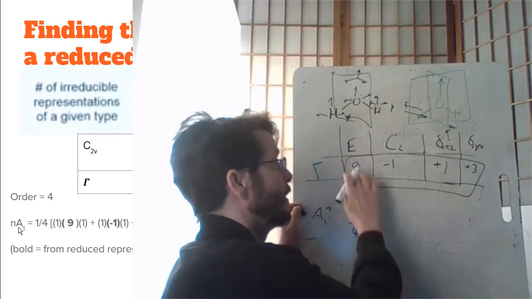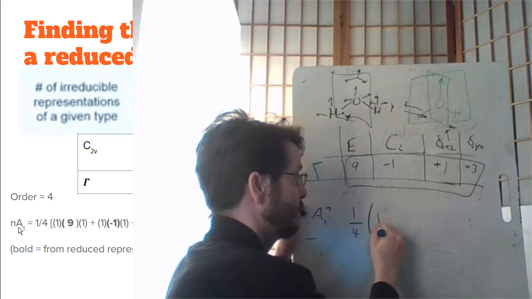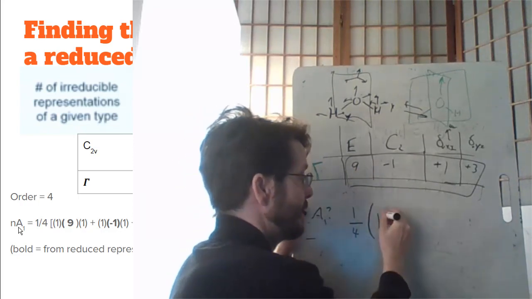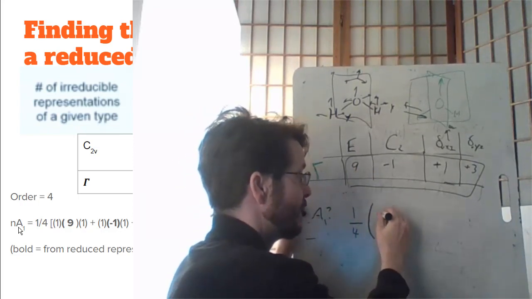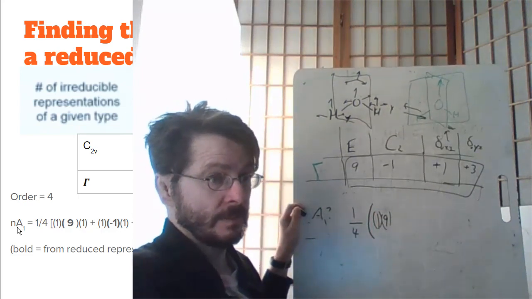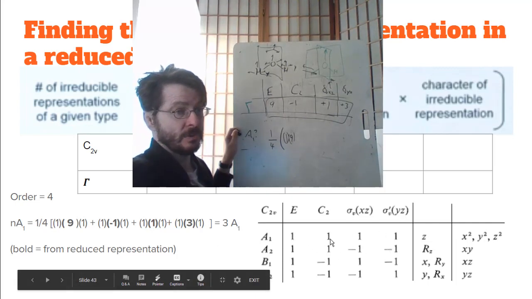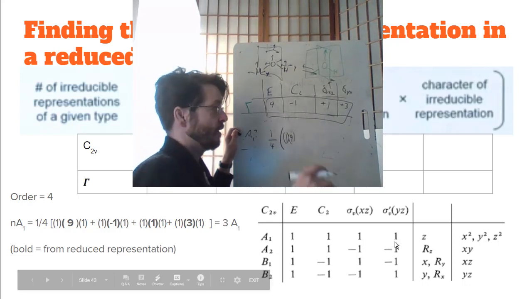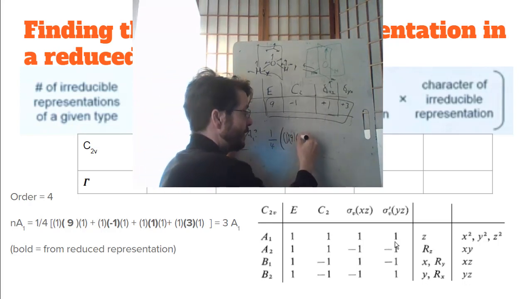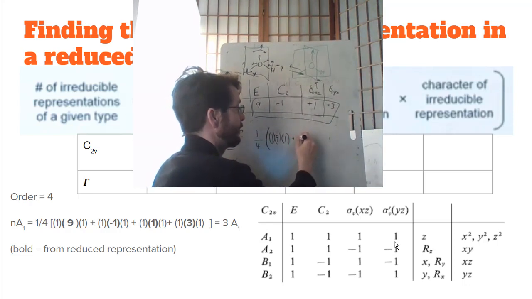Multiply by the number in the class times the symmetry element, and then we go to our table, and we see that in our table, each of these are all symmetric, 1, 1, 1, 1, and so the character associated with this will be 1.